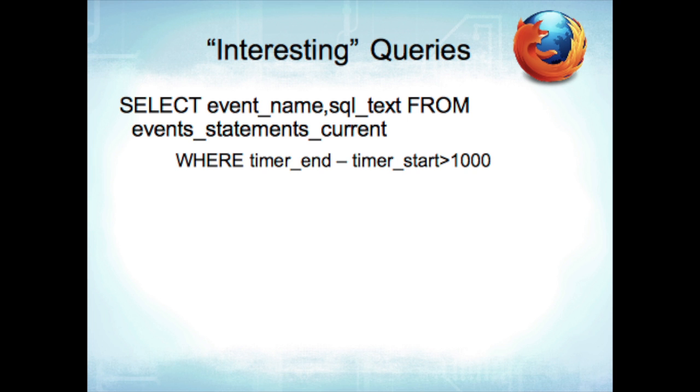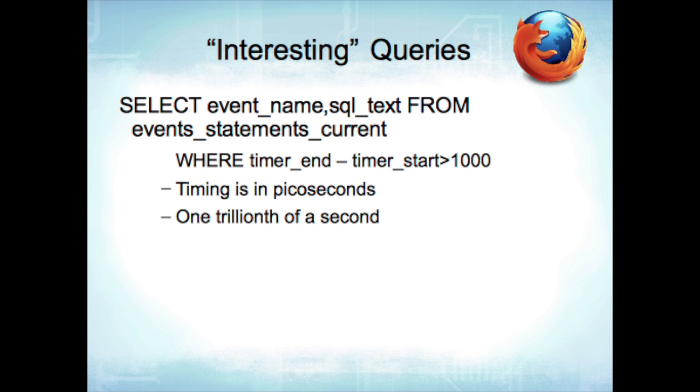So where timer end minus timer start is greater than 1 second, this is not even 1 second, but 1 trillion would be 1 second. So you can find exactly if you want something more than 100 milliseconds, every query that's taking too long. I say for a while MySQL had problems where people complained that you couldn't go less than a second.